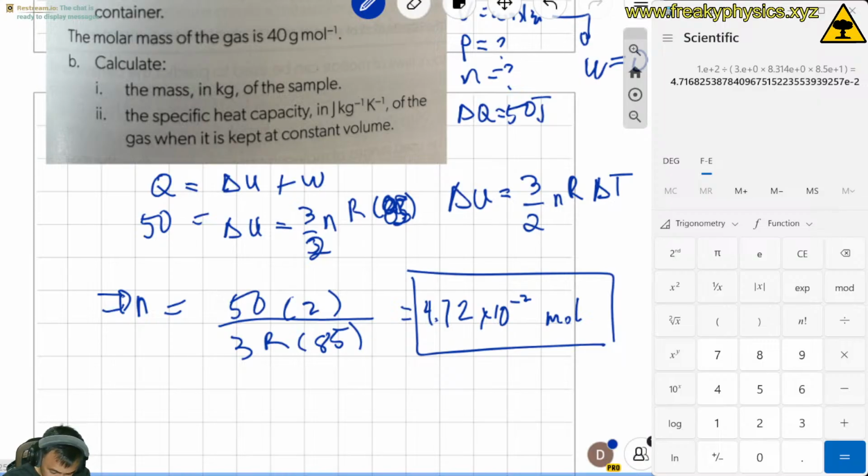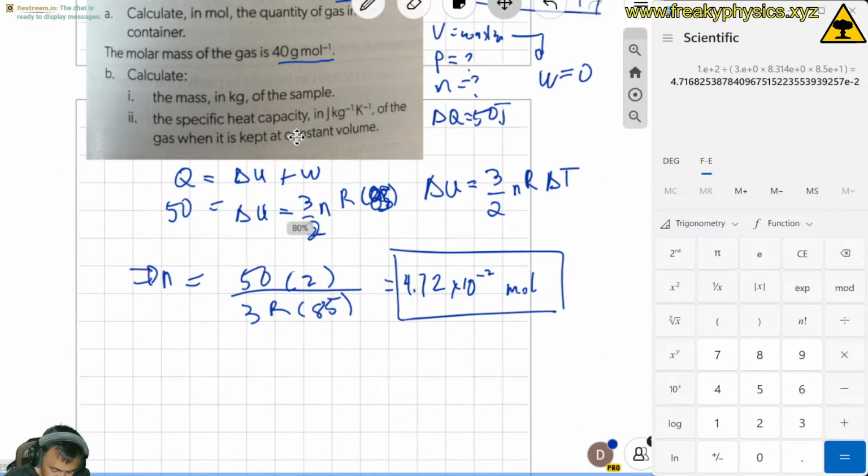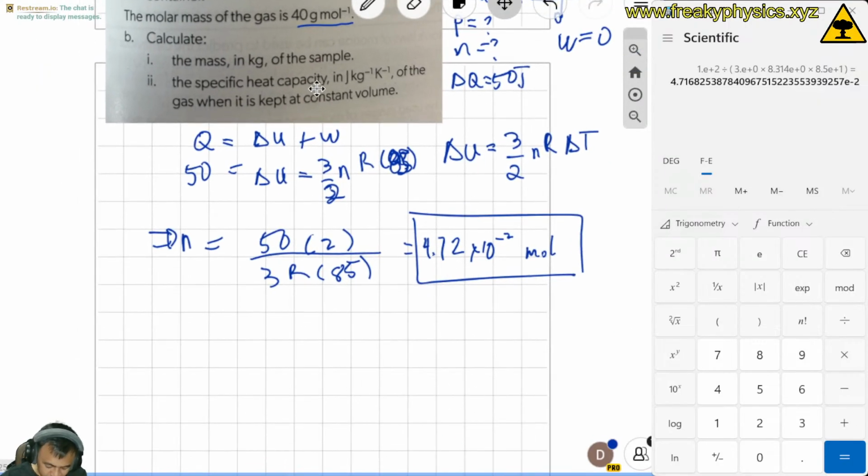So, the next part B, we're going to change the number of moles to a mass, given specific heat capacity. Okay, let's do this real quick now. So that's A. So B, what are we going to do? First, we need to find the mass, and that's easy.